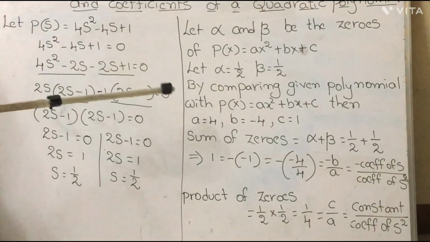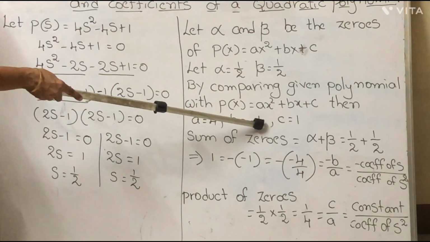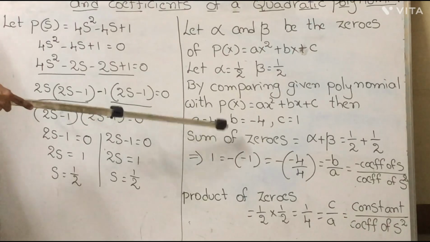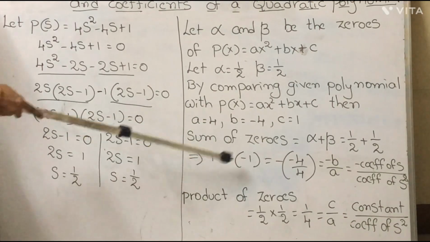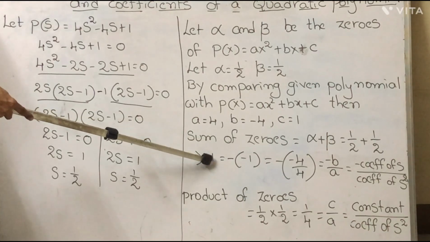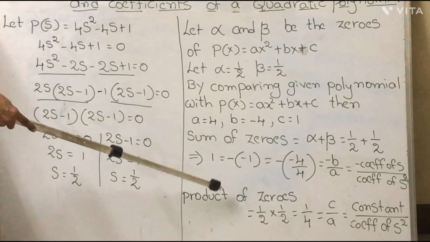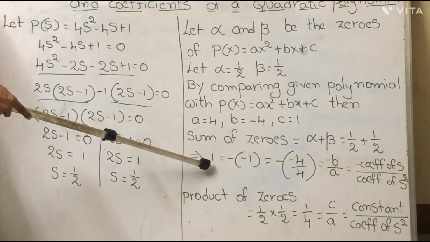Immediately we have to go to the b value. b is minus 4, a is 4. But we got 1, and we have to write this 1 in that form. So first I am writing this 1 as minus of minus 1. Minus into minus is plus, so the value won't change.